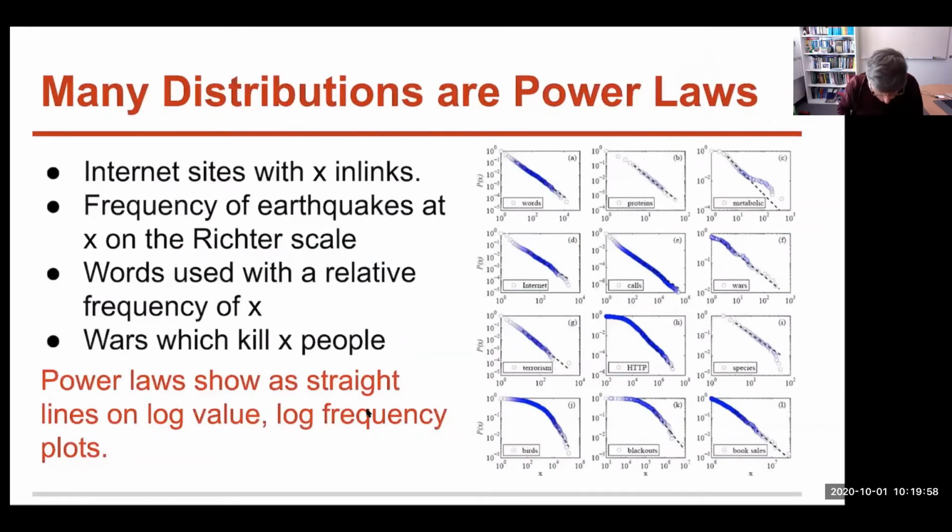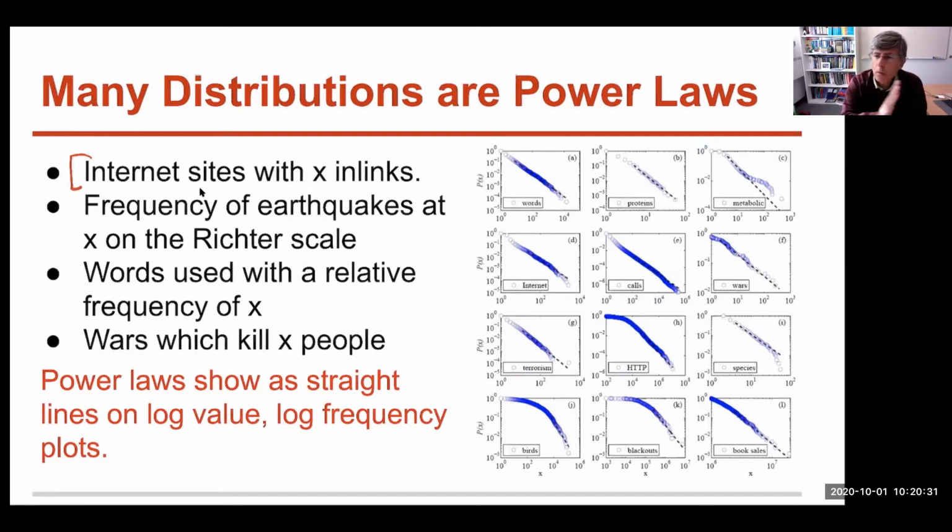What kind of things are power law distributed? Probably the one that you're most familiar with is the idea that the number of internet sites or websites have X things pointing to it.